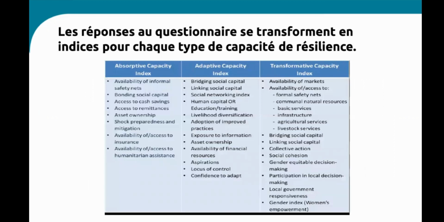So this slide, I'm not going to go into great detail on all of the elements, but basically a couple of things. One is just for you to understand that within these broad categories of resilience capacities, there are a number of different components. Resilience capacity is very much a multidimensional concept.